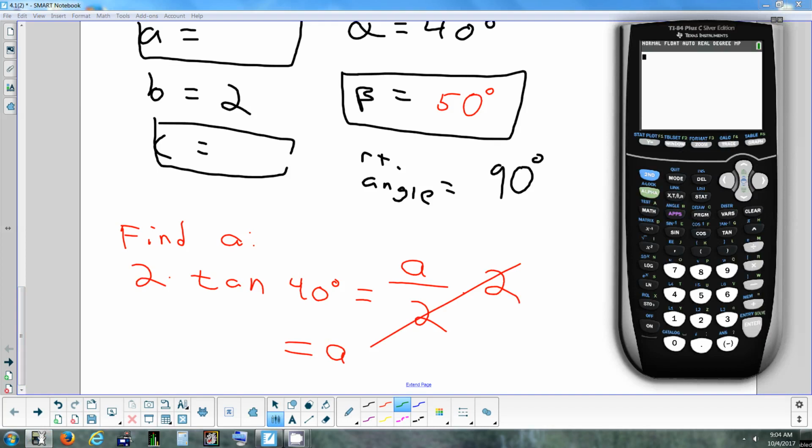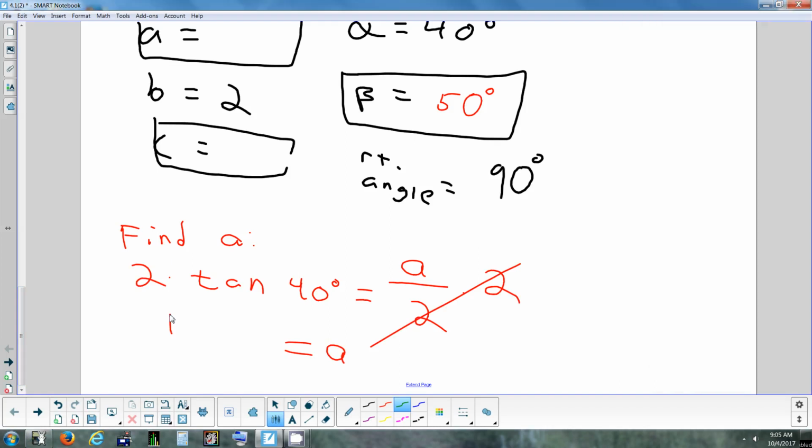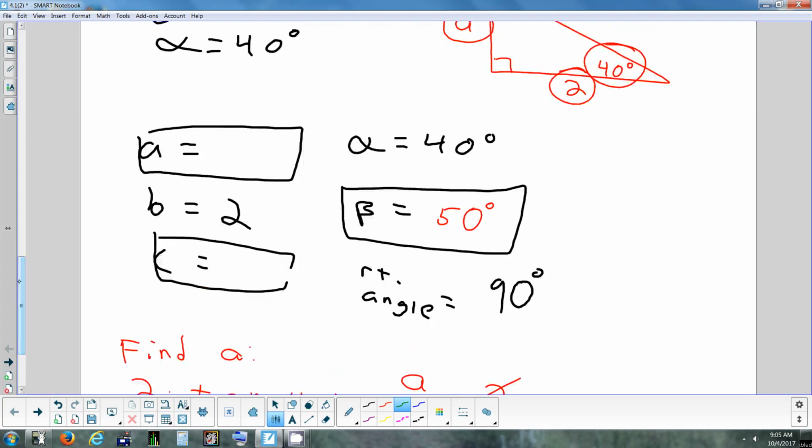And that's how it'll be on the test for these types of problems. Okay? You could do these in radians, we just don't. All right, so I get about 1.678. Just round to 3. Okay, so that's A. So we can go back and write that in our table if we want.